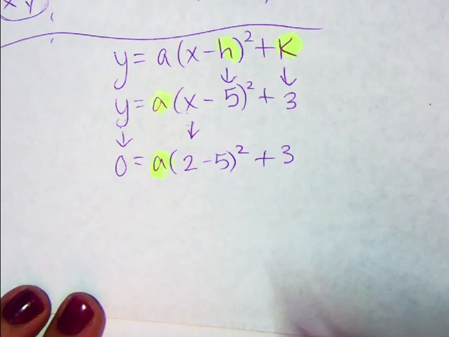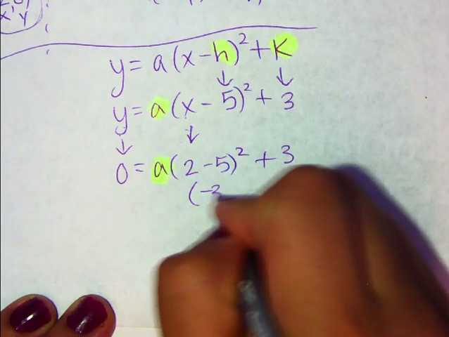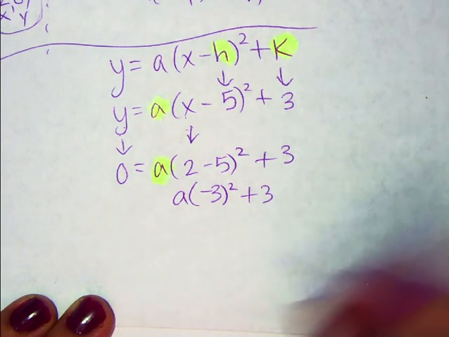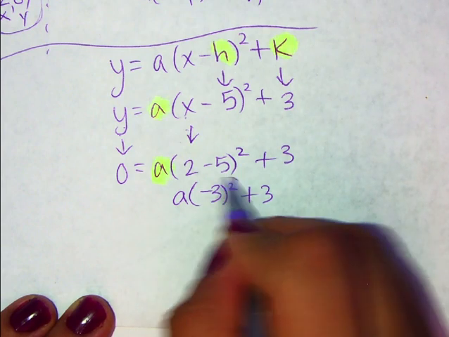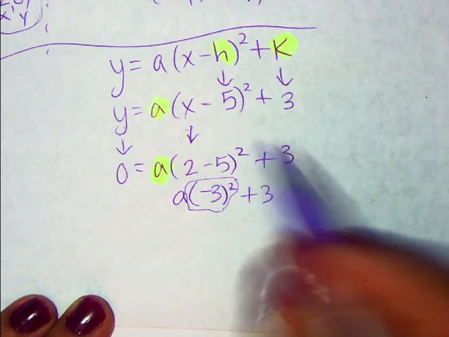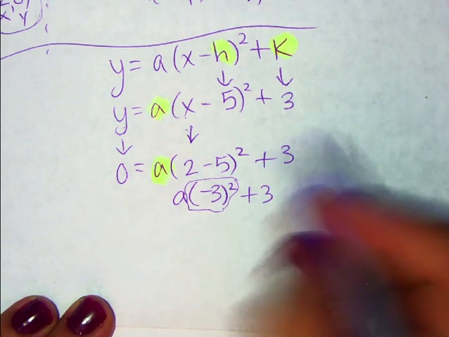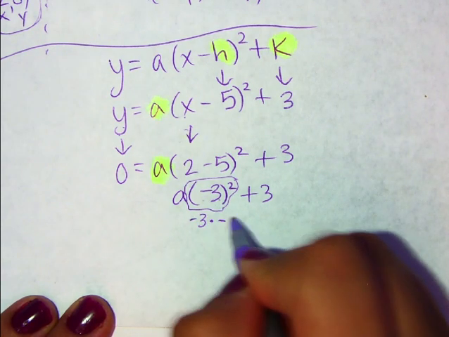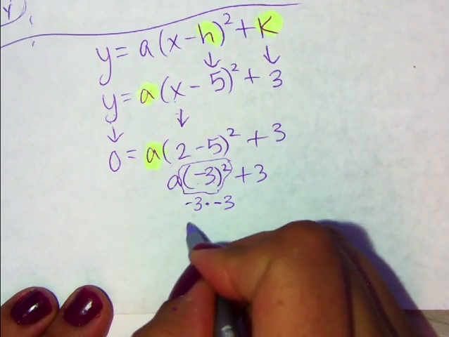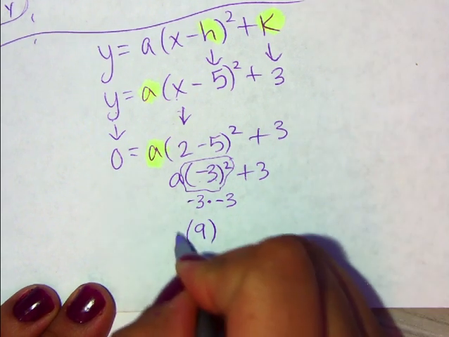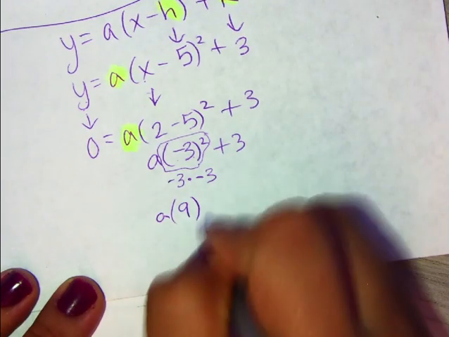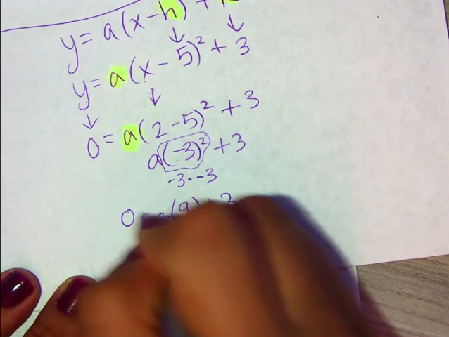So we're going to do 2 minus 5, which is negative 3, still attached to a. We're going to square this because PEMDAS tells you to do exponents first before anything else. So negative 3 squared is negative 3 times negative 3, which results in positive 9. So you have a times positive 9 plus 3.